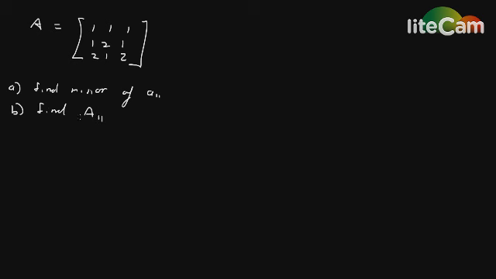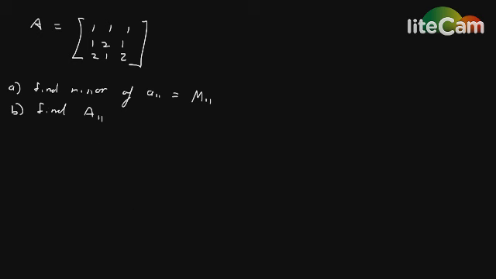Now remember, the cofactor of element A11 is denoted C11, and the minor of A11 is M11. Okay. What other questions can we do here? Okay, let's just do those two quickly as examples.